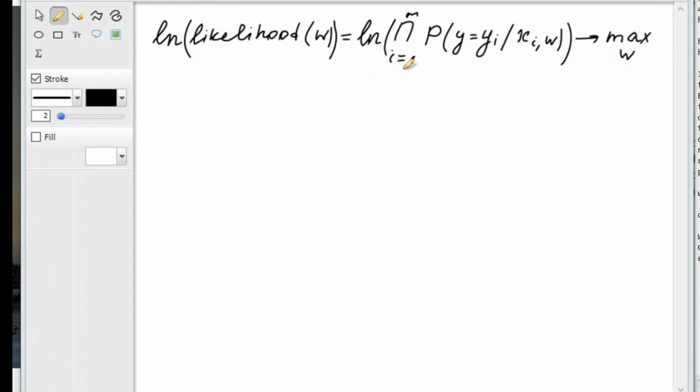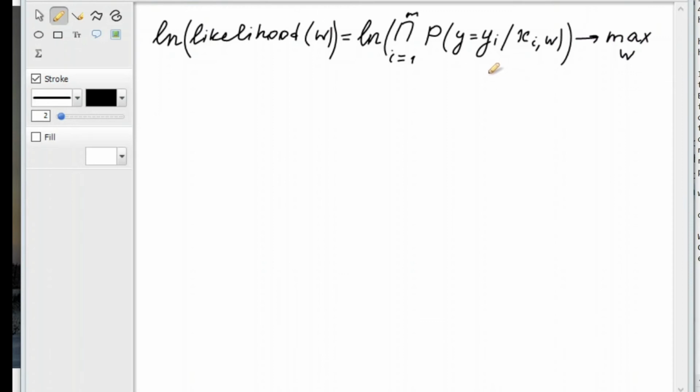Why is it important to transform our likelihood function? Because we can face a problem if we try to maximize this product. It is a product of a large number of small probabilities, because probabilities here are numbers between 0 and 1. A large number of small probabilities can easily underflow the numerical precision of the computer.